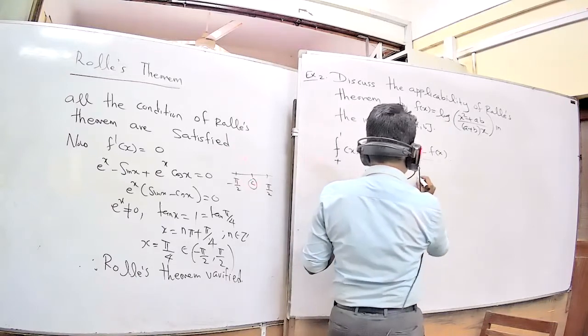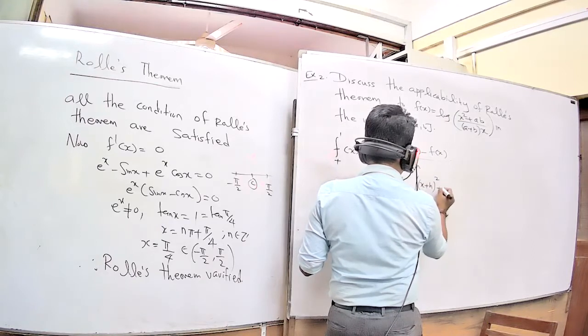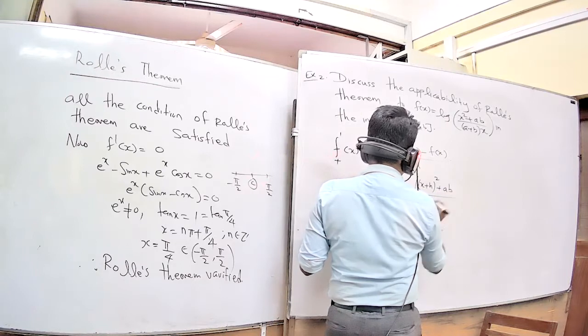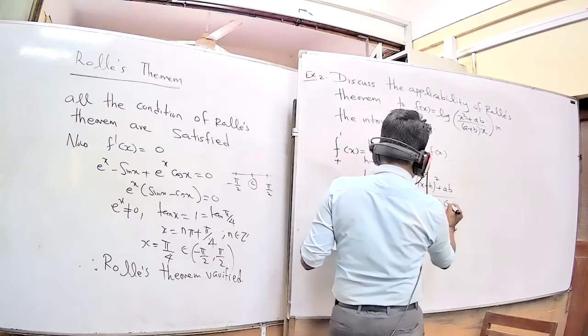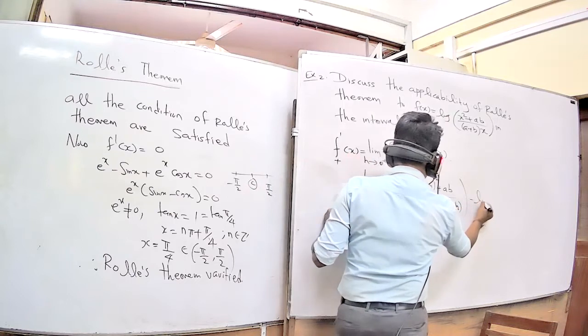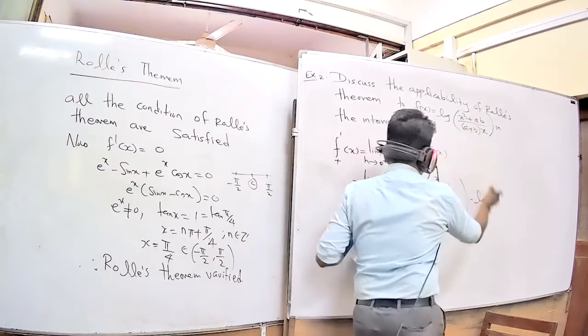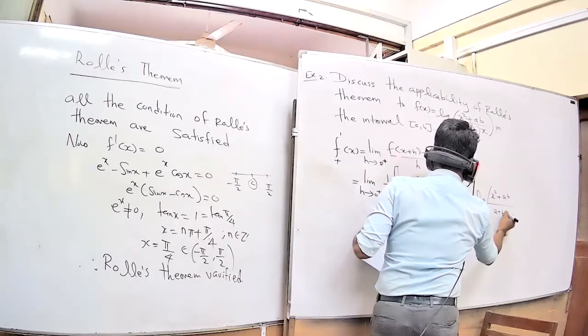Then (x plus h) squared plus ab over (a plus b)(x plus h), minus again log of x squared plus ab over (a plus b)x.